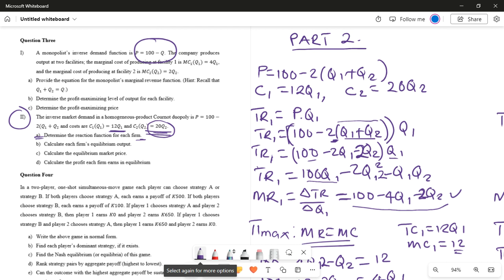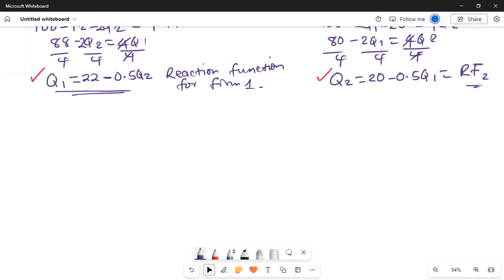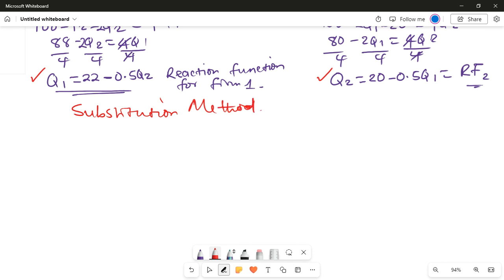Well, since we have already found the reaction functions for Firm 1 and also for Firm 2, what we can do is just use the normal substitution method. So from here we are going to use the substitution method.